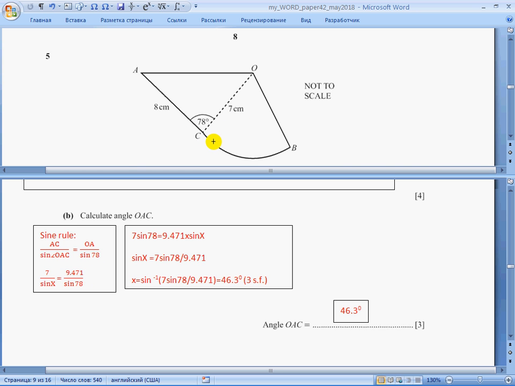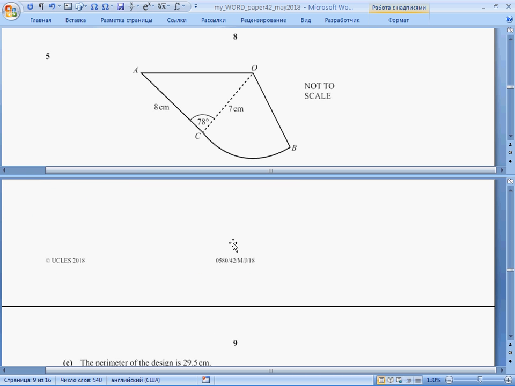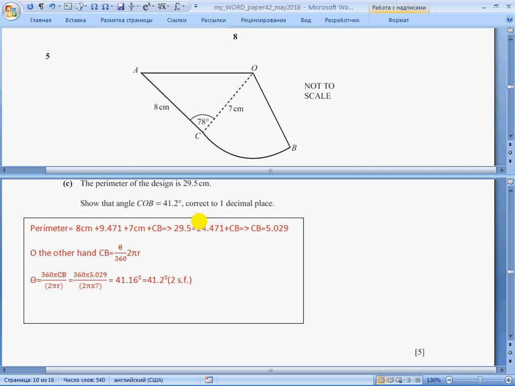OC over sine of angle ORC equals OR over sine 70 degrees. Cross multiplication. To find x we use the inverse sine function of this expression. So we get the answer to 3 significant figures. For the perimeter of this figure, we know this angle is 41.2.